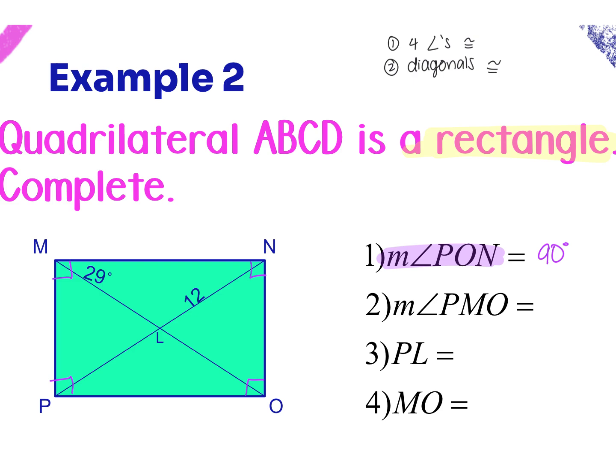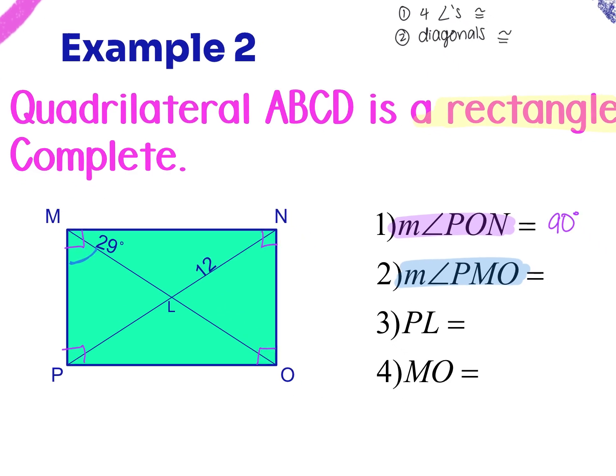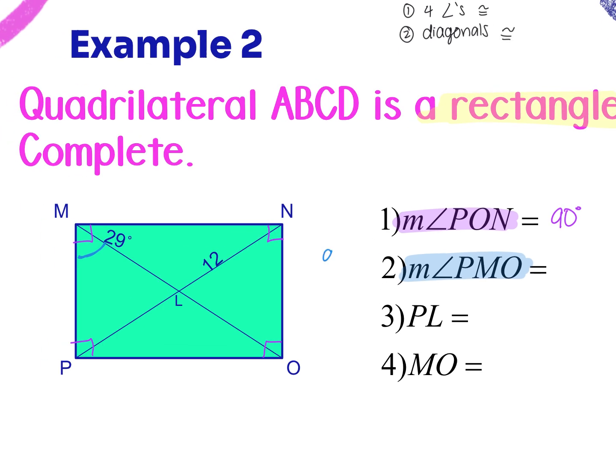Looking at the second one, what are they asking me for? They're asking me for the measure of PMO. PMO is right here. How would I find the measure of PMO? 90 minus 29. Good. So if I'm solving 90 minus 29, I'm going to get 61 degrees.